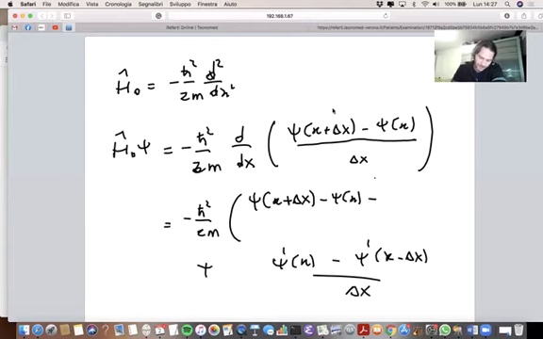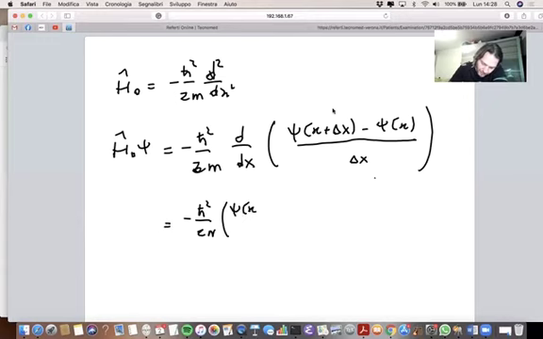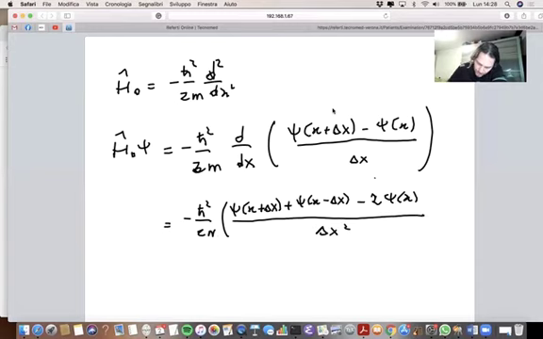That's the second derivative, right? I have to write things in a more compact way. This is going to be psi of x plus delta x plus psi of x minus delta x minus twice psi of x, all over delta x squared. If you work out this difference, you'll discover that that's exactly what comes out.